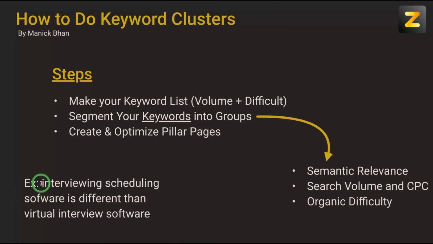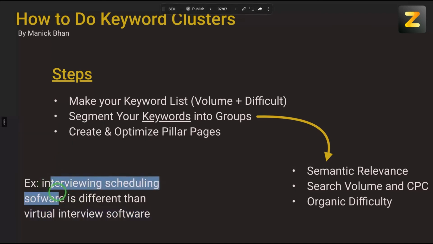In the first one, people are searching for a software to schedule interviews. And in the second one, people are searching for a software that does a virtual interview, for instance, Zoom. So it's another software, those that are able to do virtual, one-on-one interviews. And here it is to schedule the interview.